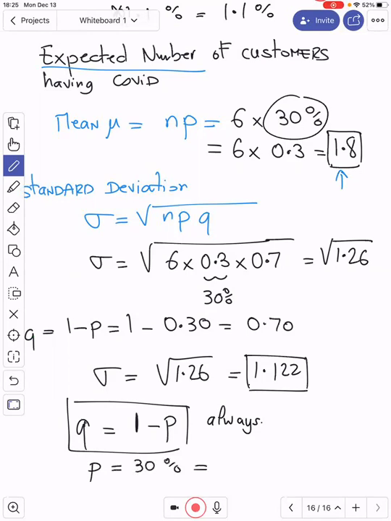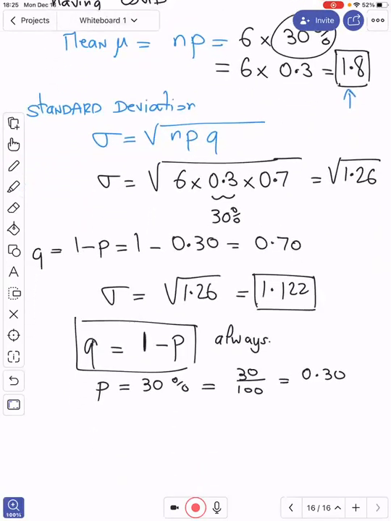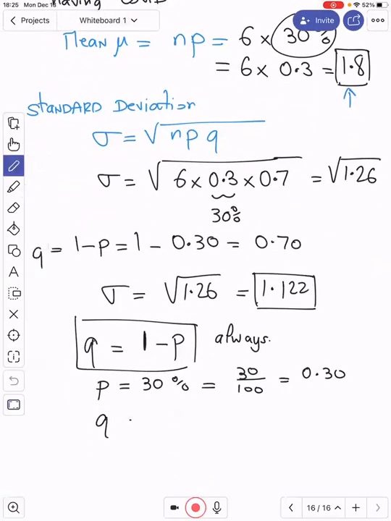And as I said, percent means division by 100. So that's 30 over 100, which is 0.30. So then Q is 1 minus this 0.30. So that's 0.70. Or in other words, this is 0.7.